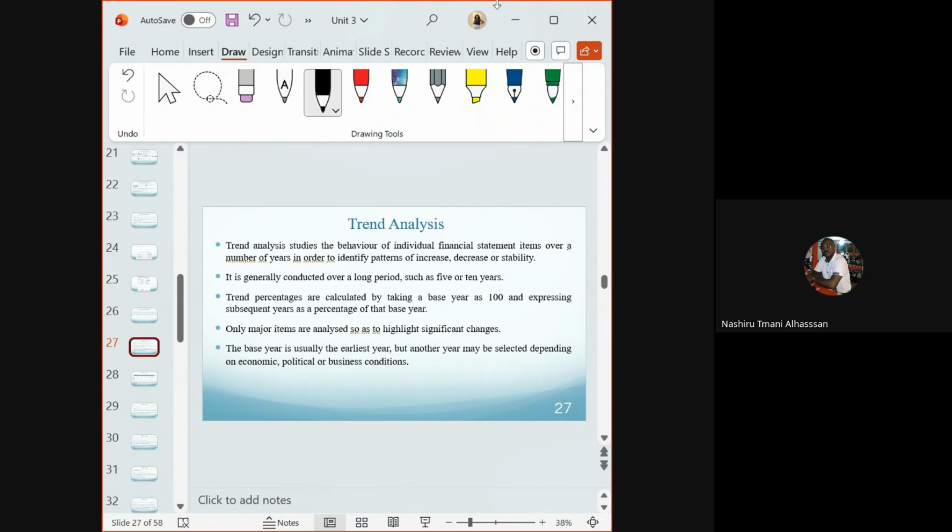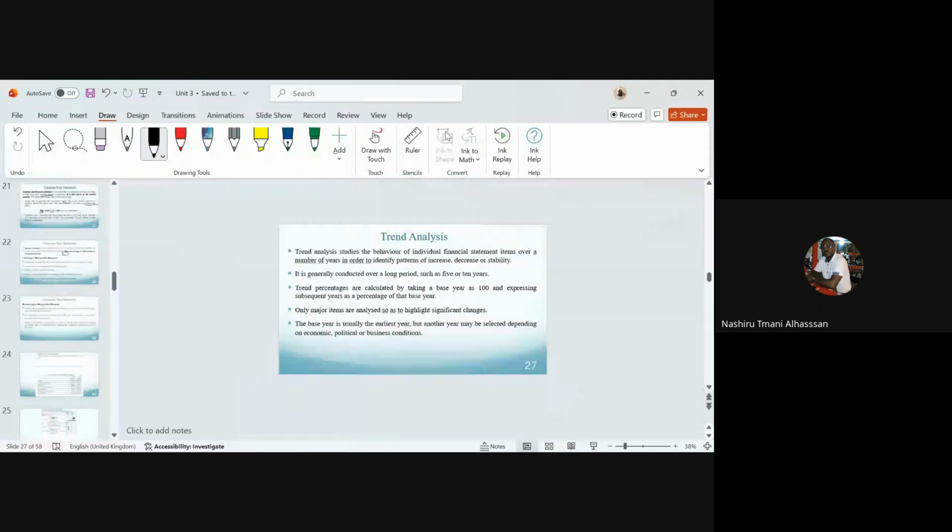Sometimes you can project without the drawing tools and the side slides coming.